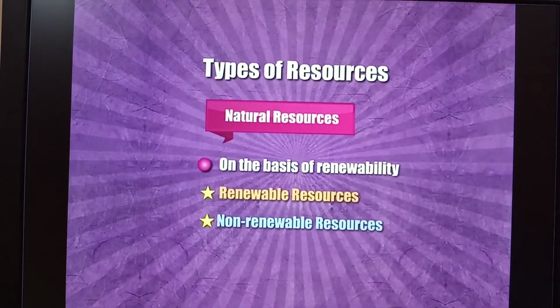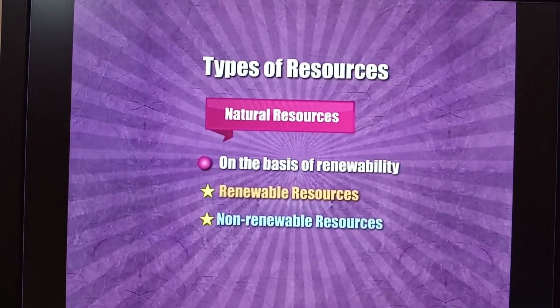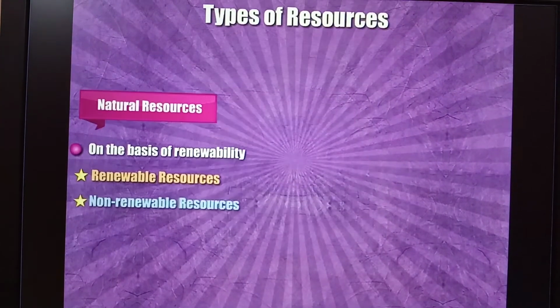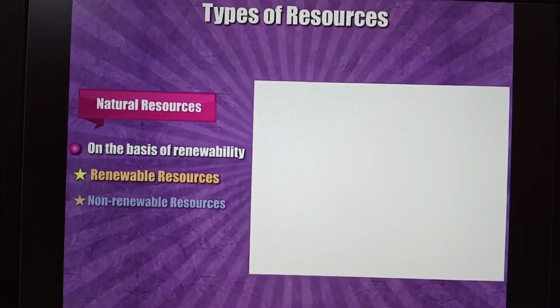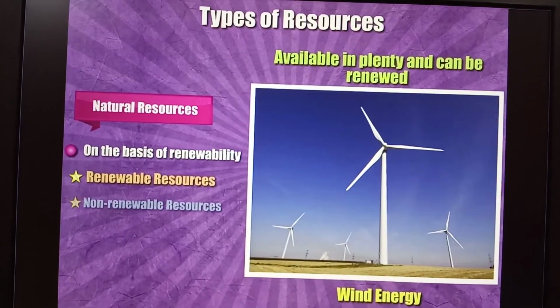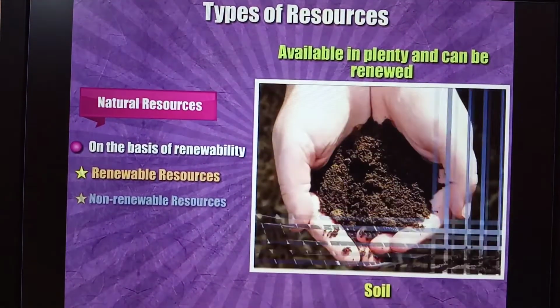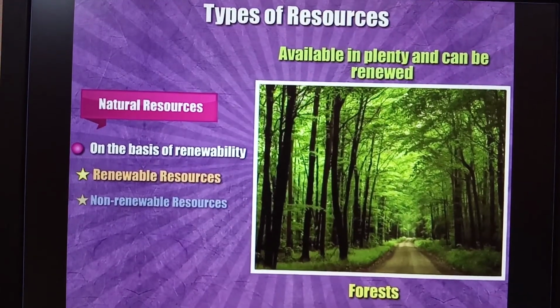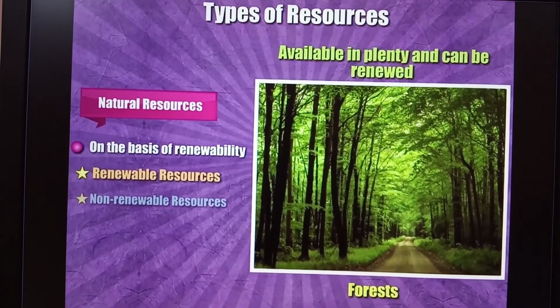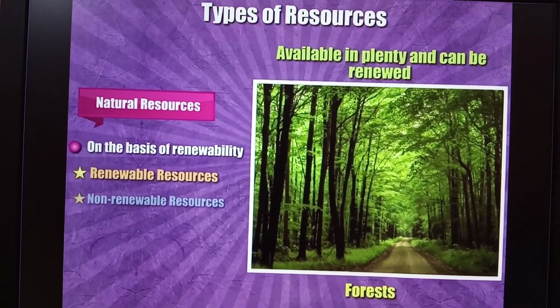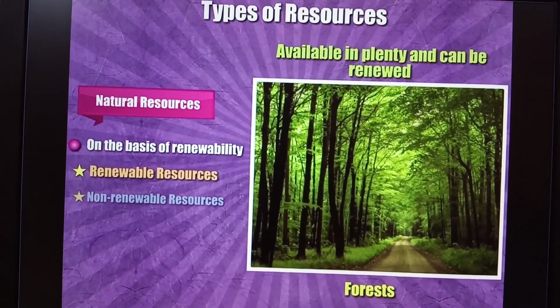On the basis of renewability, resources can be classified as renewable and non-renewable. Resources such as wind energy, solar energy, soil, and forests are considered renewable resources because they are available in plenty and can be generated again and again when required.